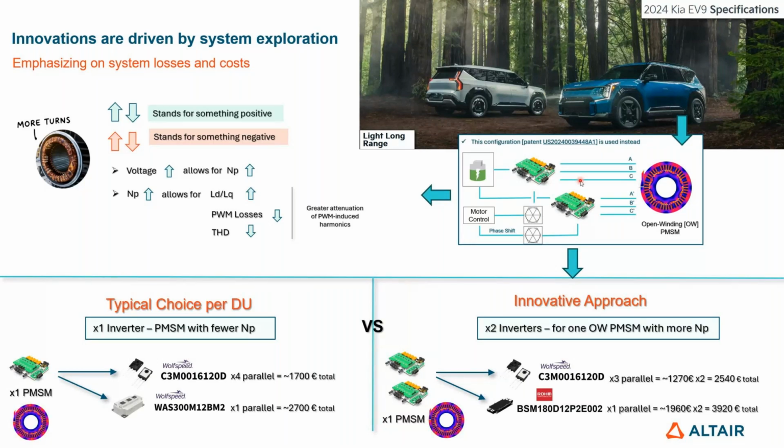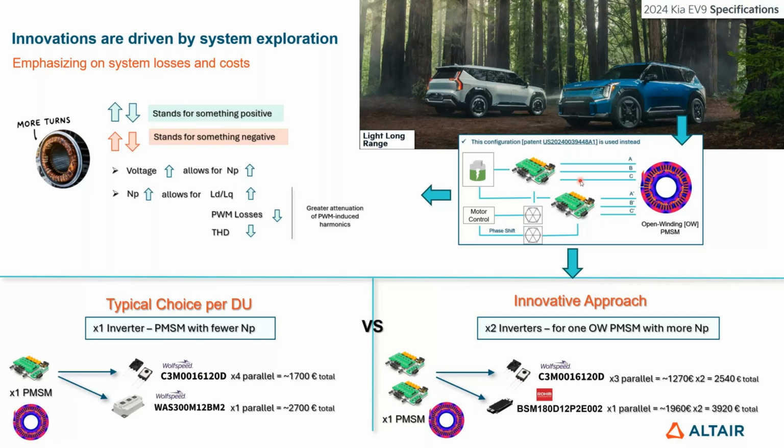For example, you can increase the turns of the stator windings and not suffer from the same back EMF constraints in highway mode, because you can add the second inverter, double the voltage effectively. But while you drive the car in the city, because you have more turns, you are much more efficient. The trade-off is that you use 2 inverters per machine, which effectively doubles the cost.